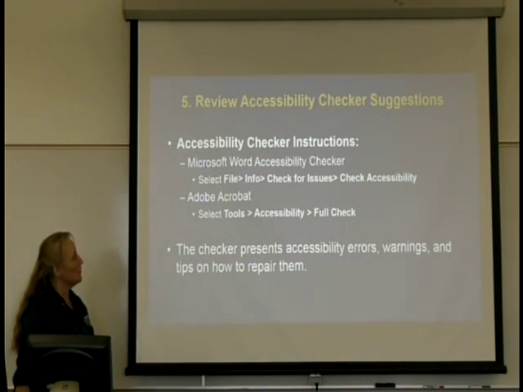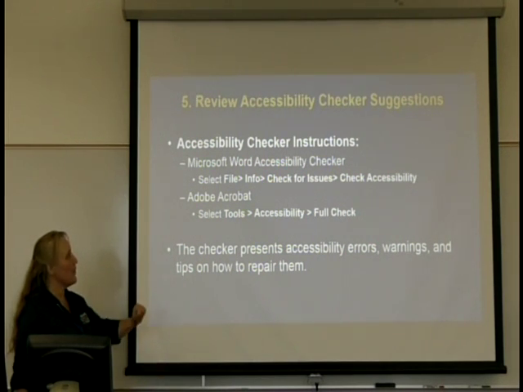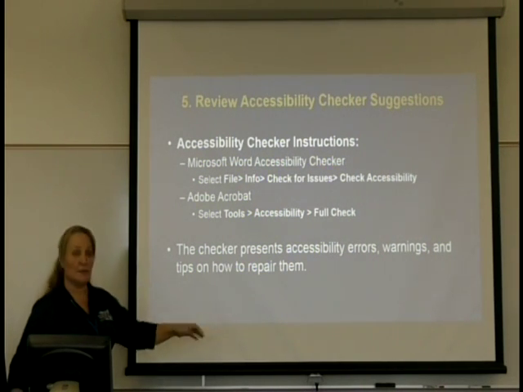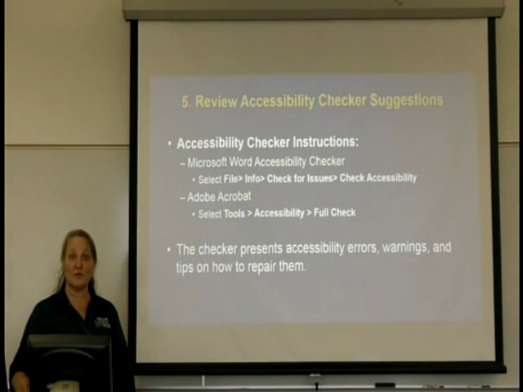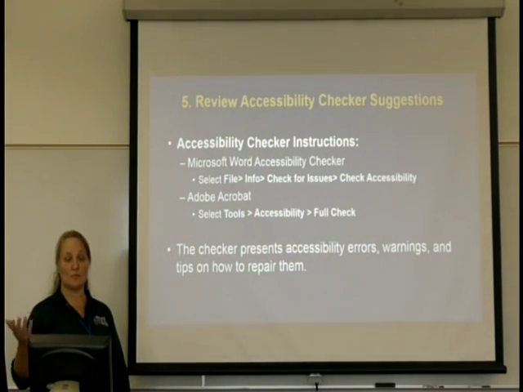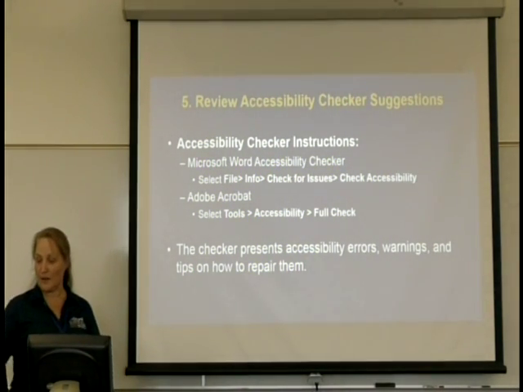I just showed you the Word. It should be the same for PowerPoint. The checker will present accessibility errors, warnings, and tips, as well as how to repair them. So it gives you the little clue on, hey, this is the problem, this is how to repair it.